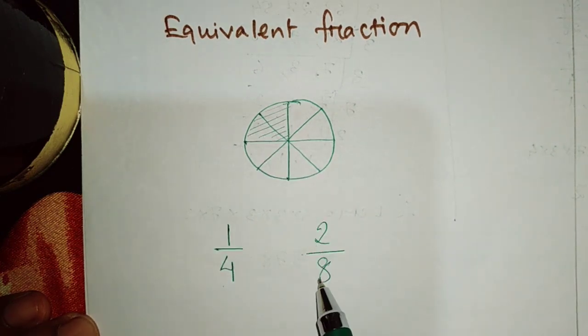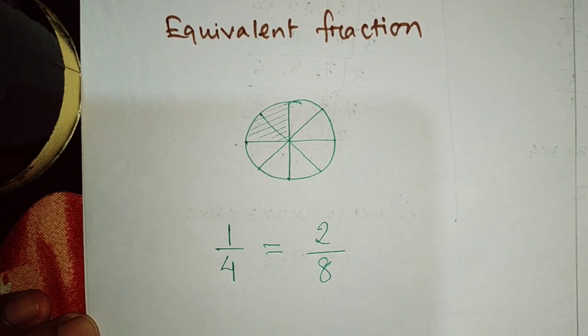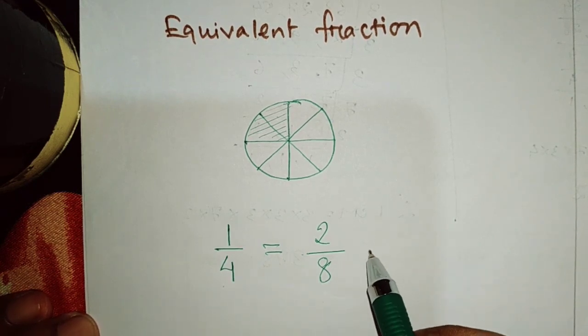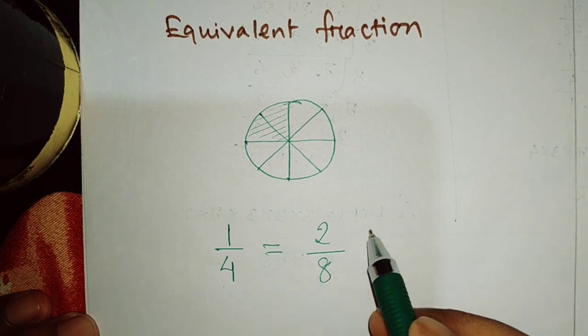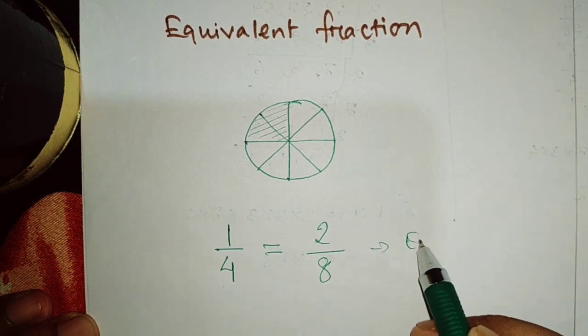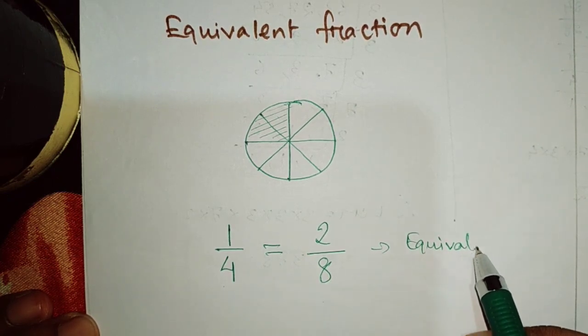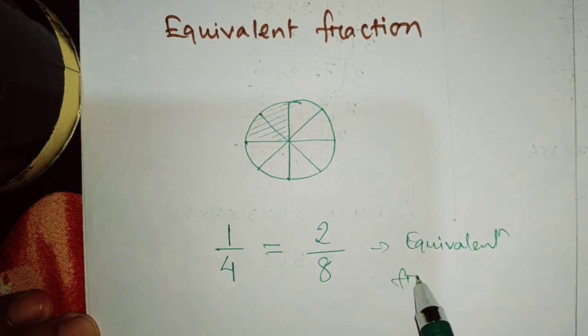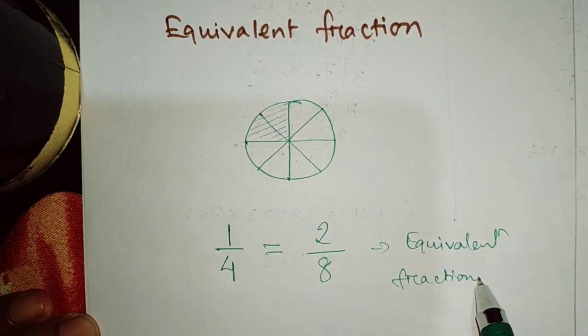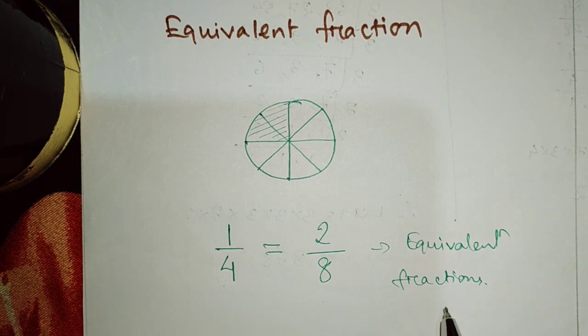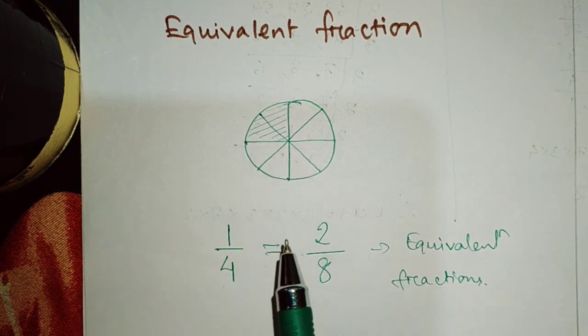That means what? 1 by 4 and 2 by 8, they are equal or not? Yes. So in that case we can say that this 1 by 4 and 2 by 8 are equivalent fractions. And what was our equivalent fraction? Fractions whose value remains same, constant. Okay, so understood?